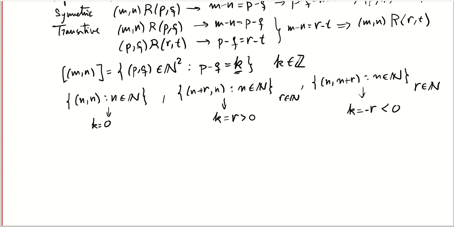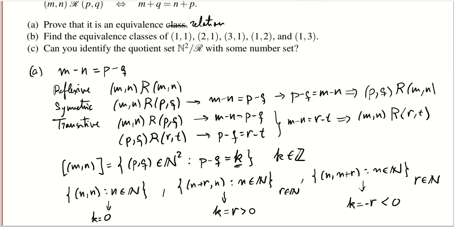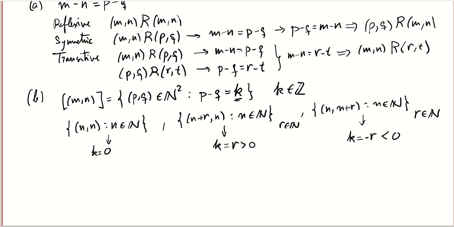So now we need to see which one is the class of these numbers. Okay, the class of these numbers. This is, by the way, B, right? So let's begin with (1, 1). Well, (1, 1), of course, the difference is 0, so it belongs to the first class, (n, n), where n is a natural number, right?